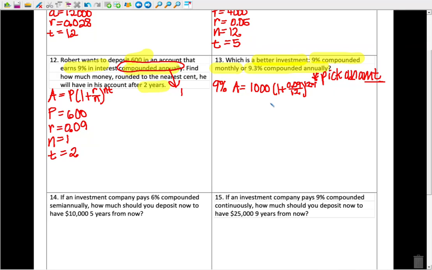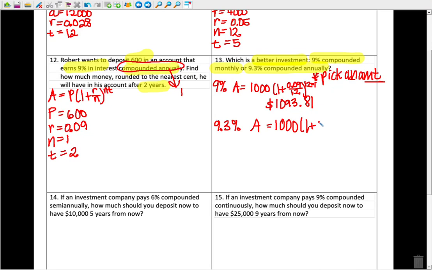When I do this, I'm going to end up with an investment of $1,093.81.